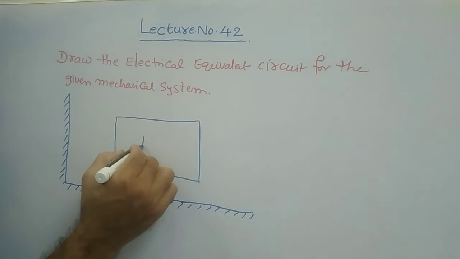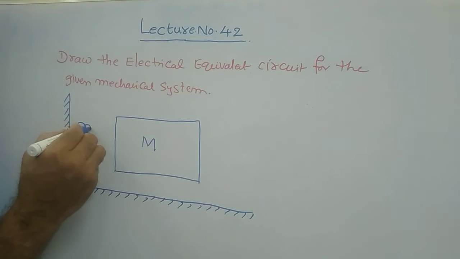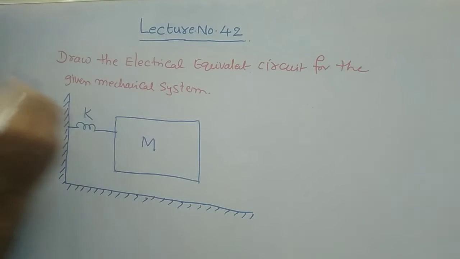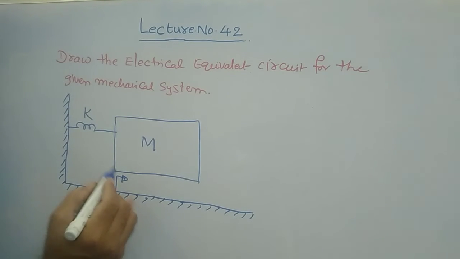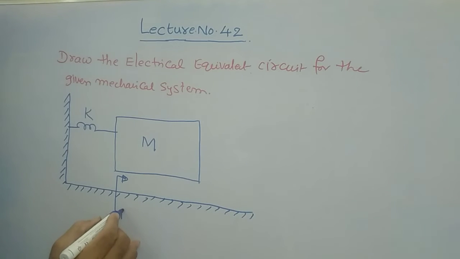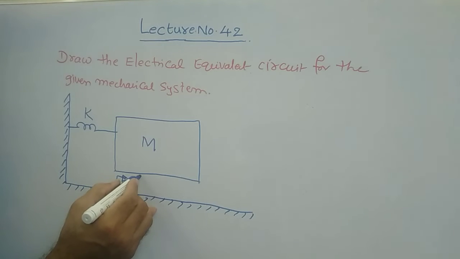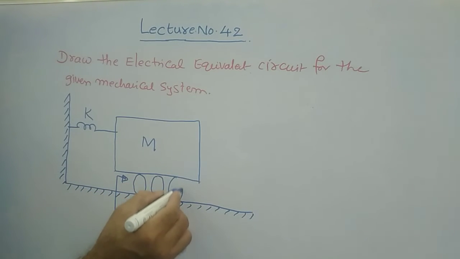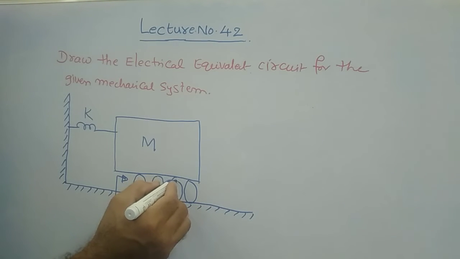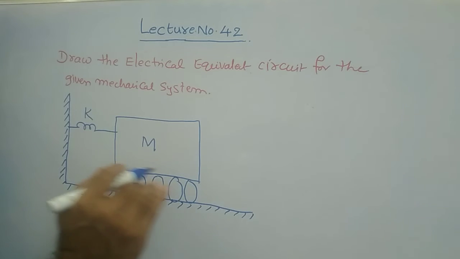This is your M, and it is connected with a spring constant K. And here the friction coefficient is denoted by B. Sometimes they will show it with some circles here. Don't worry. It means there is friction between the bottom of this block and the earth.